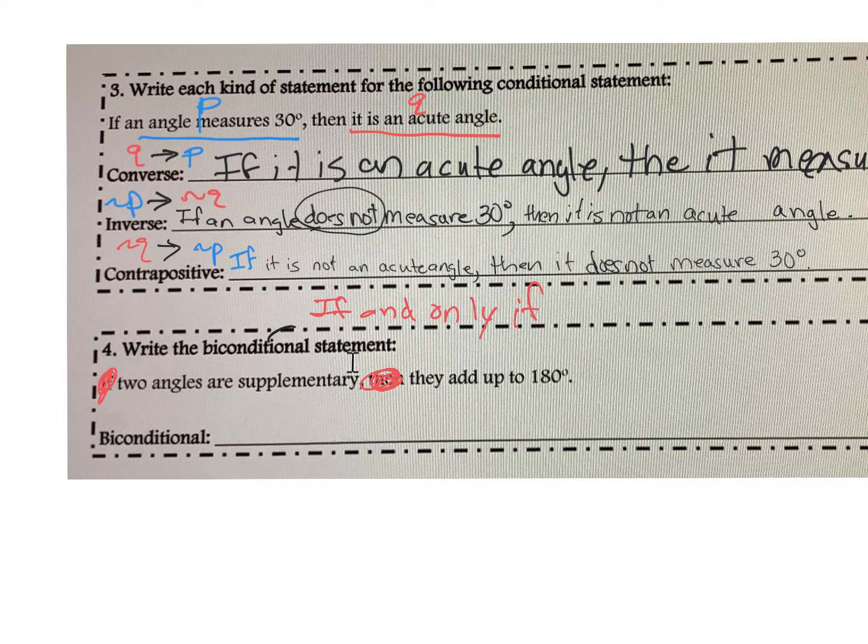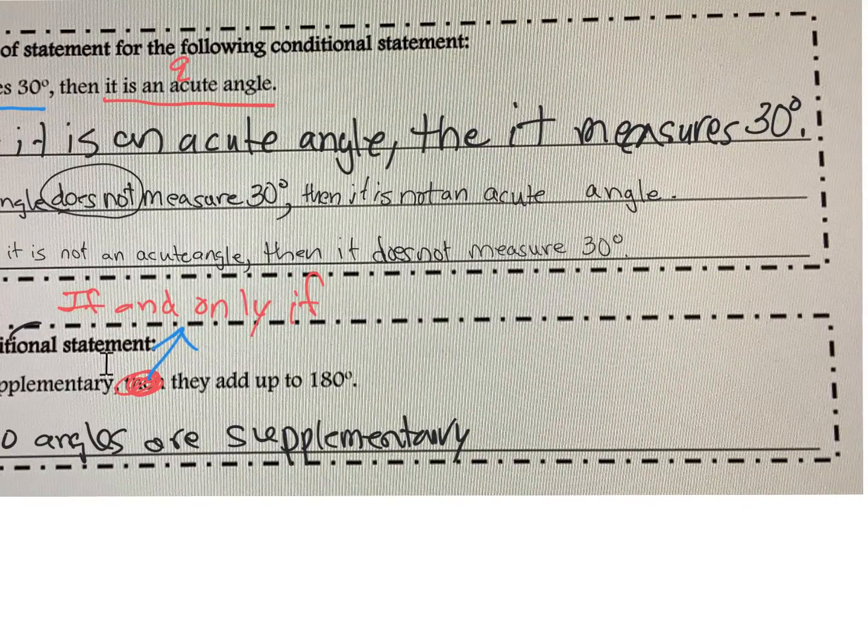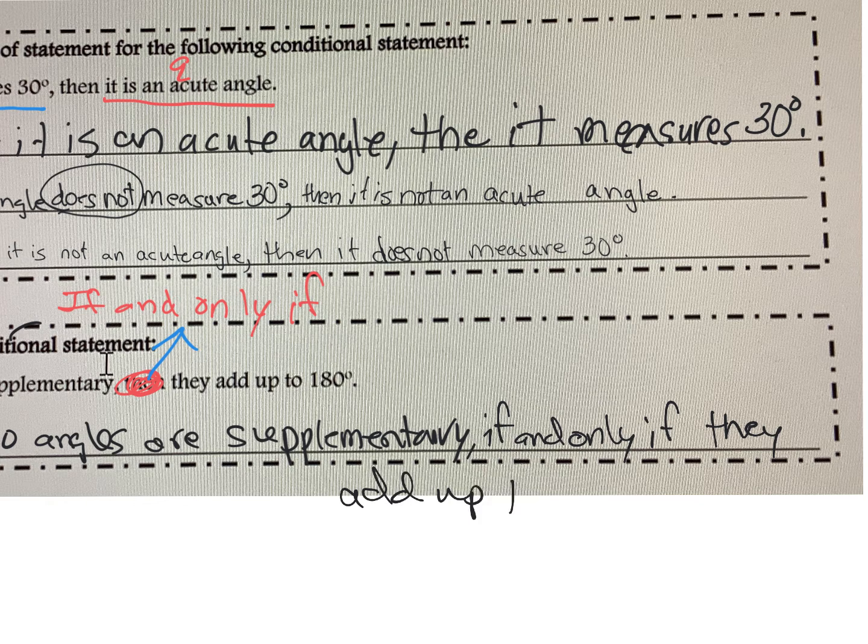At the word then, you're adding if and only if. So here is our statement: two angles are supplementary if and only if they add up to 180 degrees.